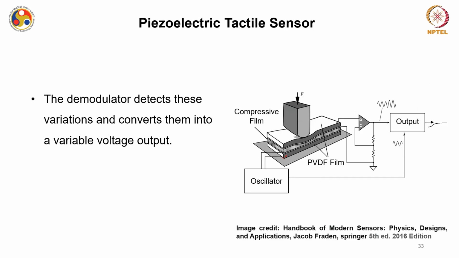Because of this, there is a mechanical deformation which is transferred to this compressive film, which in turn changes the behavior of this piezoelectric top layer of PVDF, and a voltage was established. When you apply this force, it alters this change, and at the same time the output voltage is modulated. Based on that, you can actually predict the applied force.